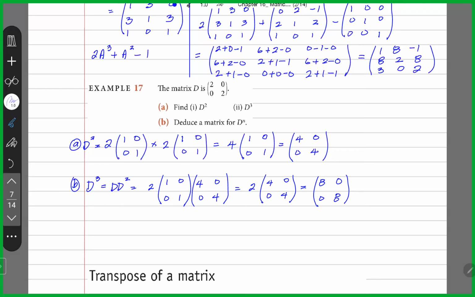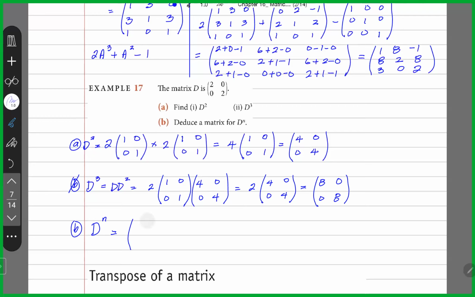All right, now part B, we're to deduce a matrix D^n. So D to the nth power, the way it looked to me is actually what?